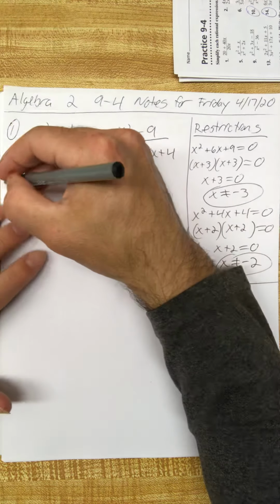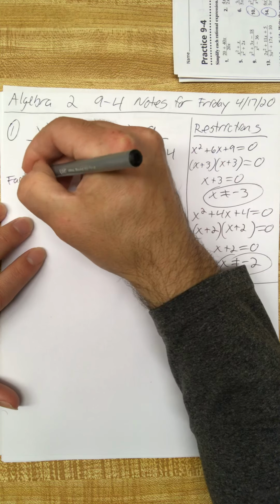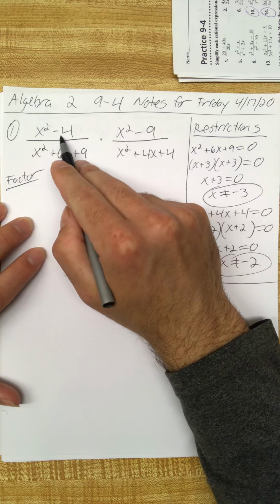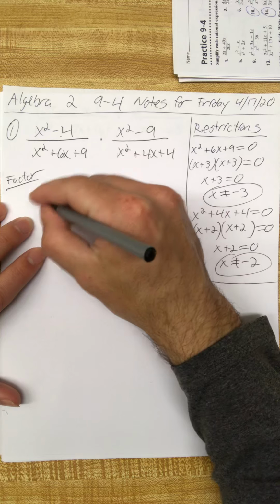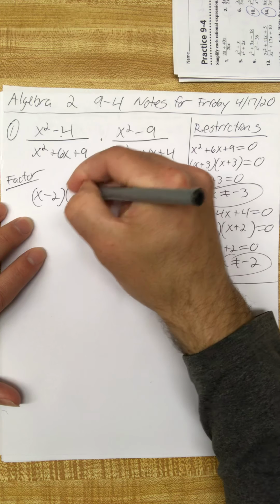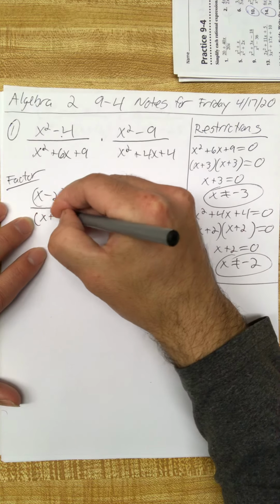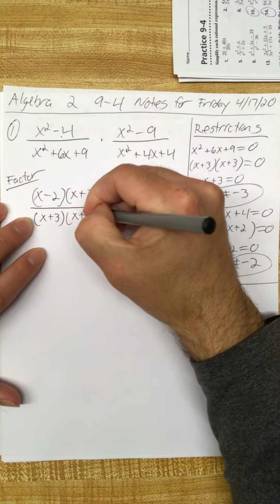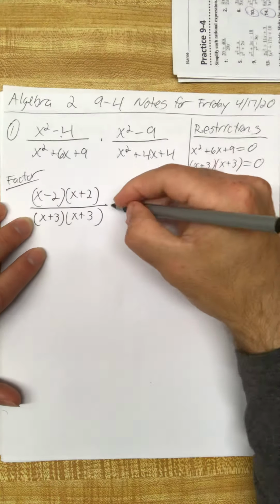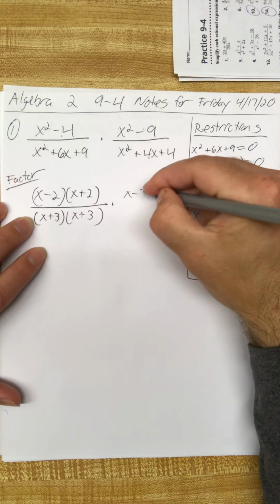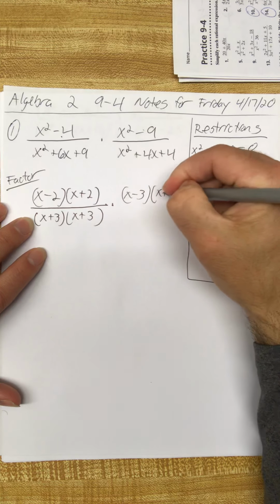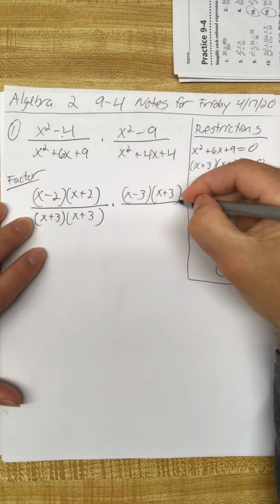So next up, we have to factor this. My numerator up here is a difference of squares, so we get x minus 2 times x plus 2. The denominator here is x plus 3 times x plus 3. The numerator up here is x minus 3 times x plus 3, again a difference of squares.